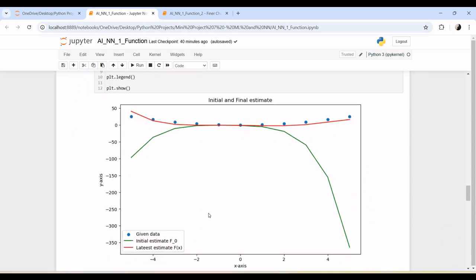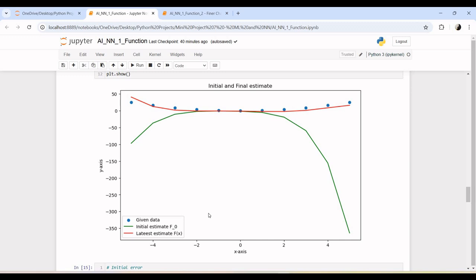So having a look at the results of this iteration process for 100 runs, we have that our initial data is in blue there, and initial estimate is green as before, and we see our latest estimate number 100 in red, much more closely estimating our given data there.